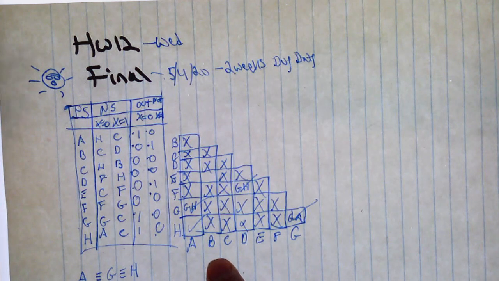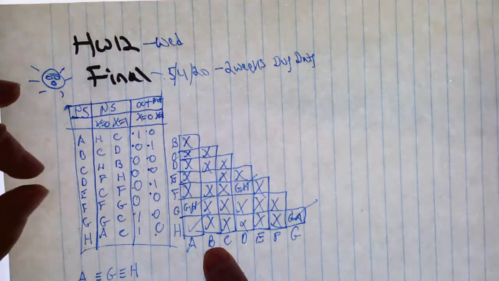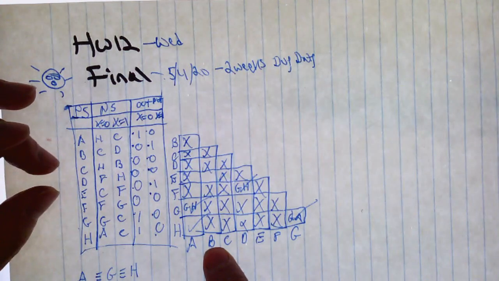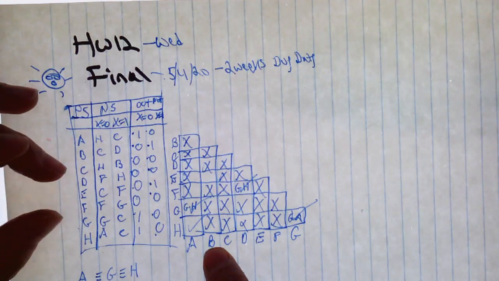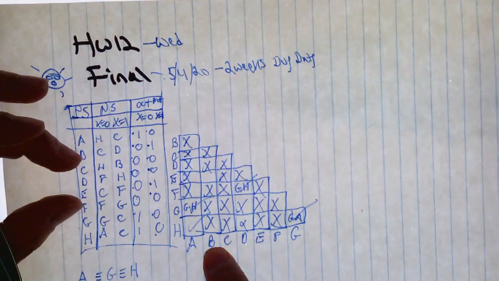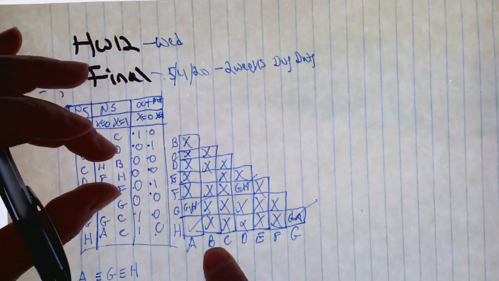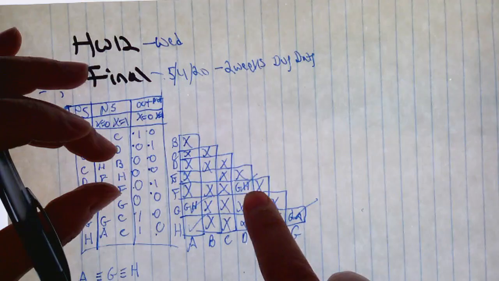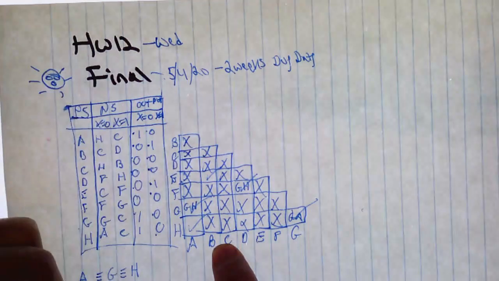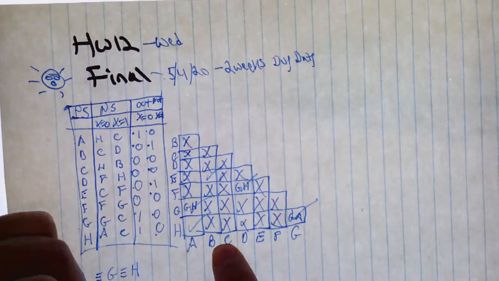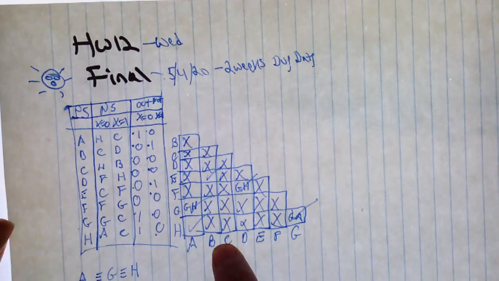No? Okay. So how about B and E? We didn't do B and E yet. B is going to be equal to E if C equals C. That sounds good. If D equals F, oh, D does equal F. So check it out. B equals E. So B equals E. That's cool.